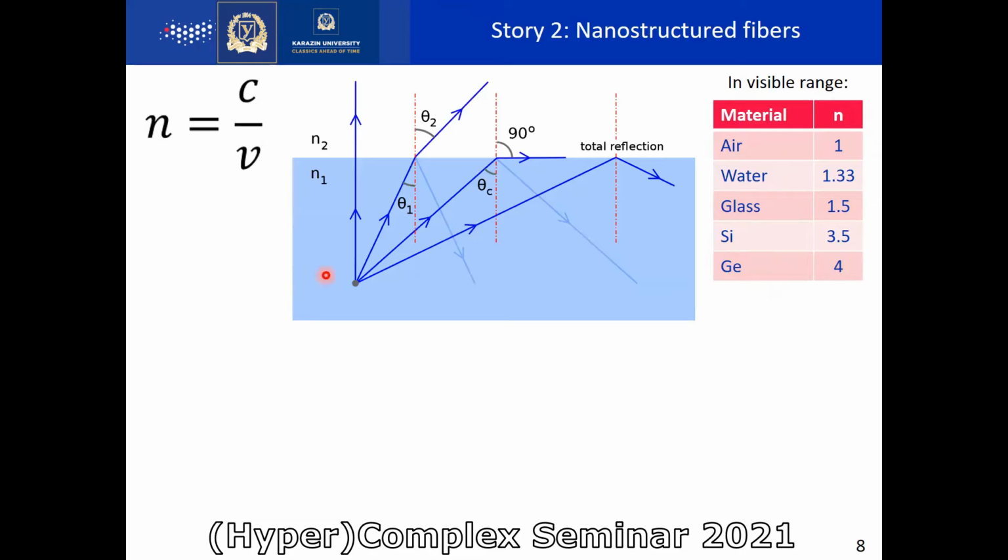And if we illuminate from a more dense medium, with a higher refractive index, to a less dense medium, we can observe, after some angles, the total internal reflection phenomenon, when all light remains in the first medium and doesn't transmit to the second medium.